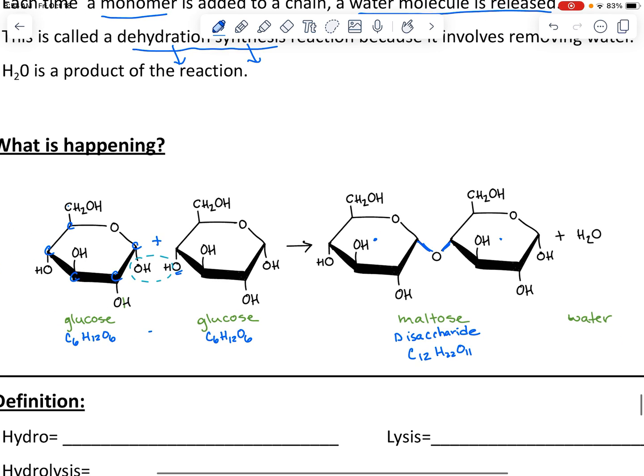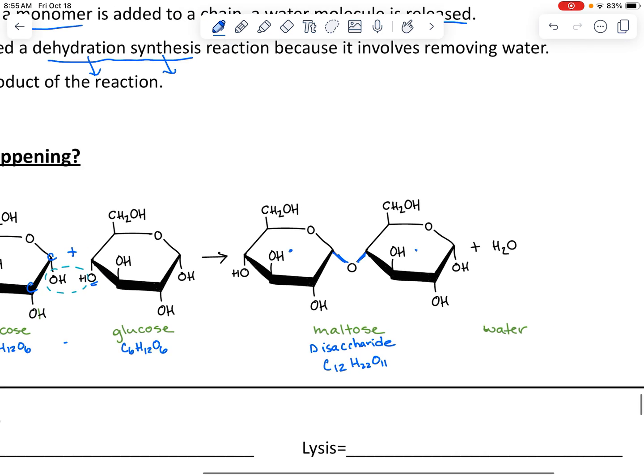Now, some of you smarty pantses, like I already mentioned above, you're like, wait a minute, Mr. Delbaccio, the law of the conservation of mass says we cannot destroy any kind of matter, right? So we had 12 C's go in, we had 24 H's go in, we had 12 O's go in. So where did they go? Well, they're right here. We didn't lose any C's in that process, so C12.